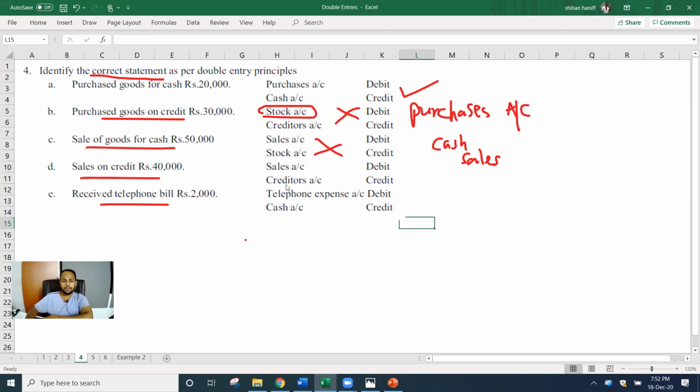Sale on credit: debtors account debit, sales account credit. Received a telephone bill. If you receive the bill, telephone expense account debit, cash is not credited, telephone bill payable account is credit. It's received, so it's payable, you have still not paid.